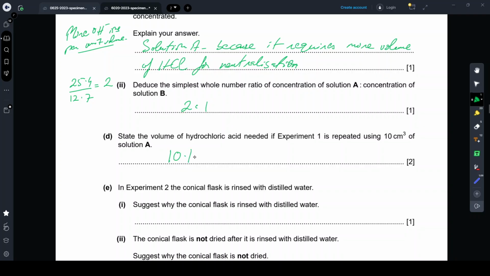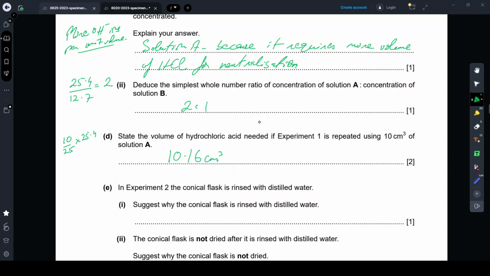Okay. So what's the concept behind your calculation? We need to find the volume of hydrochloric acid needed for 10 centimeter cube. We use the results from experiment one. I don't know how to explain more.